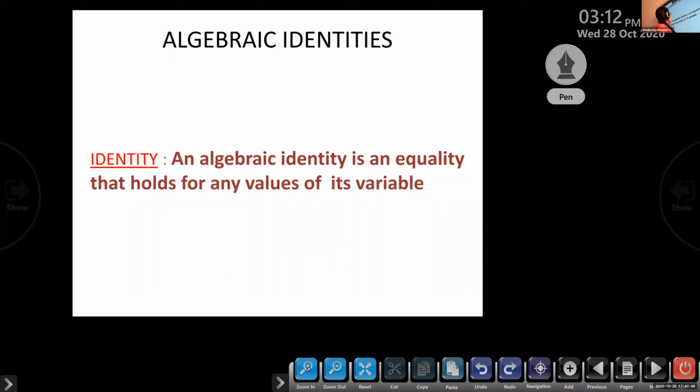Vinya, read. What is an algebraic identity? An algebraic identity is an equality that holds for any values of its variable. Michelle, read. Jeevan, read. Any values of its variables.